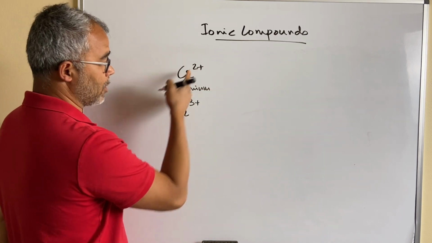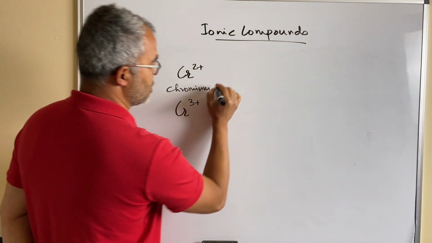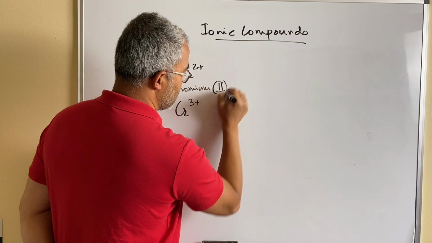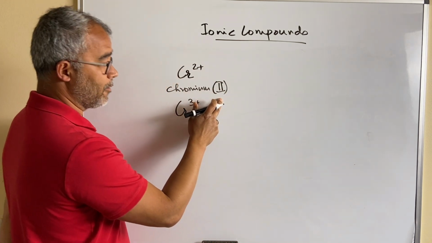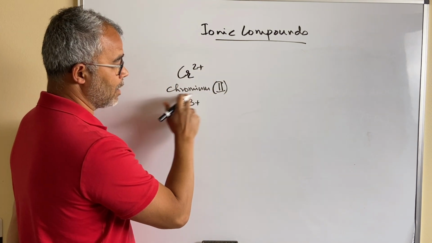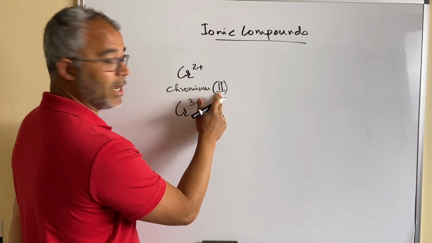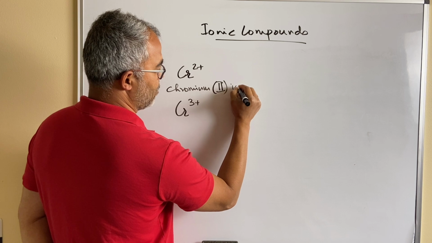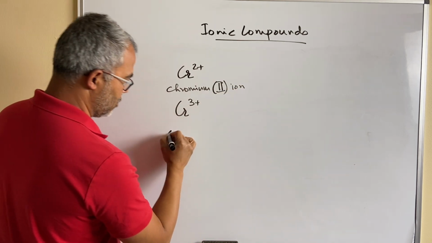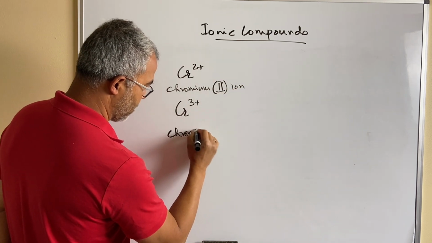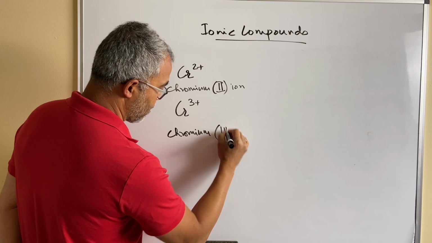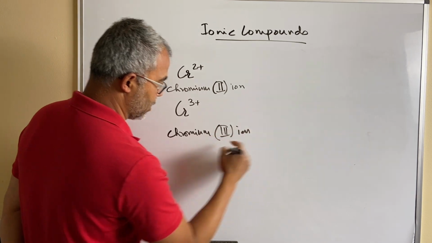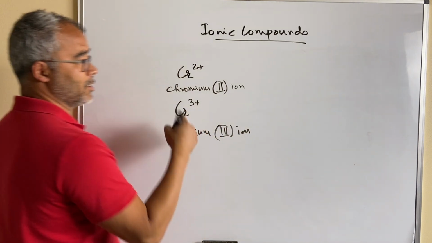When I name this, because chromium can form two possible charges, I'm going to denote that by putting a parentheses after the name of the chromium and put a Roman numeral 2 inside the parentheses and put ion out here. I'm going to do the same thing out here, chromium, and I'm going to put 3 ion. This 3 denotes the 3 positive charge.